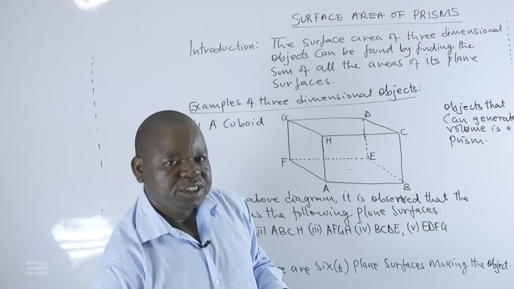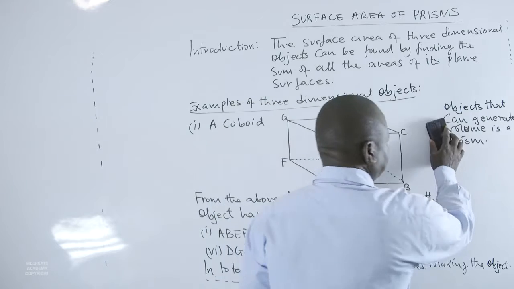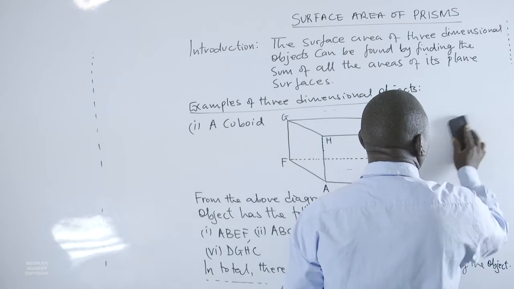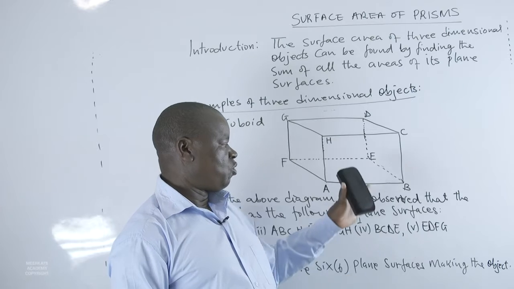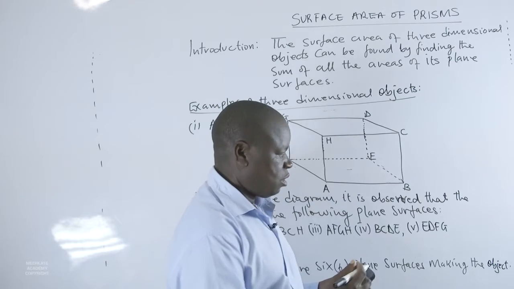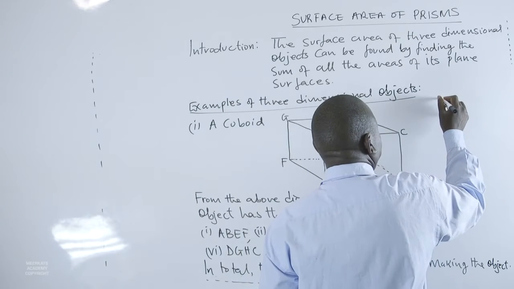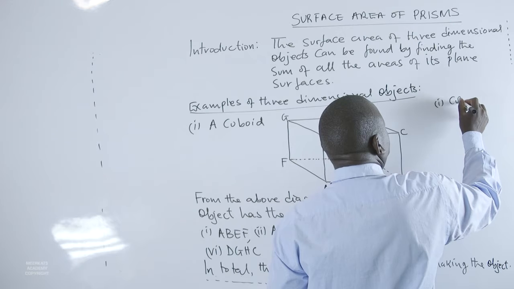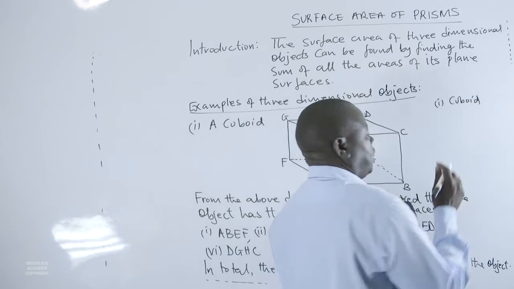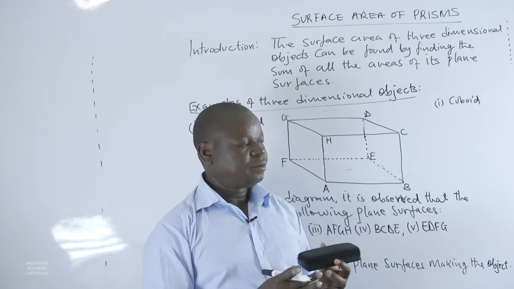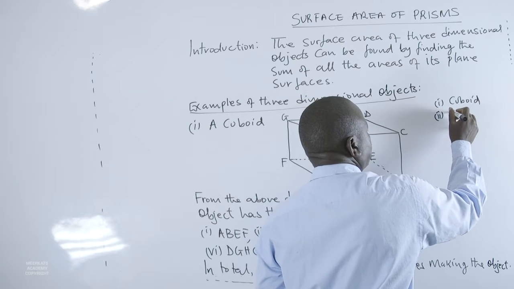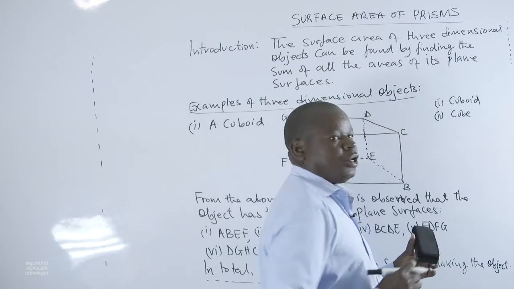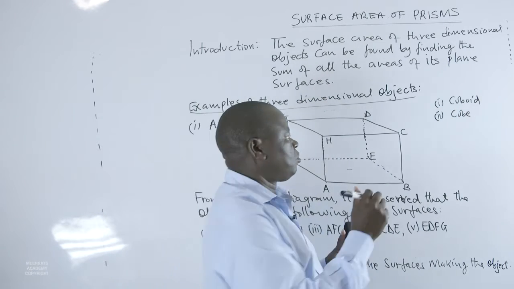We have several types of prisms, and we are going to just mention a few. A cuboid is a prism. A cube is a prism.